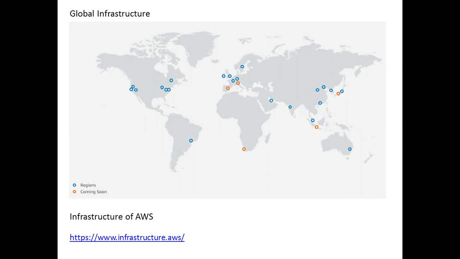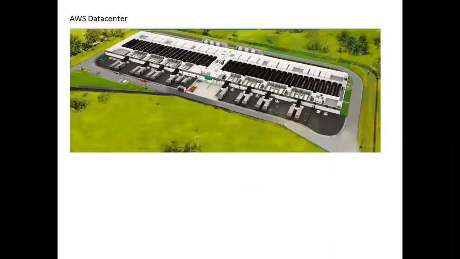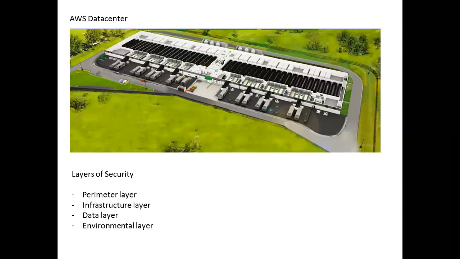So this is the URL where you can access and explore the global 3D view which I have shown you. Now, I said one or more data centers will make an availability zone and one or more availability zones will make a region. And an AWS data center will look like this. We have layers of security also.